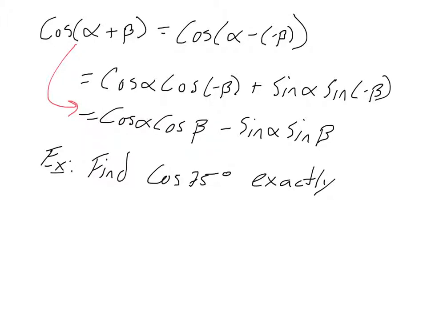Yeah, we can write it as cosine of what? What are special angles? Yeah, so we know 30, and what's one that if I add to 30 I get 75? 45. 30 and 45. So if I can make this a sum, or a difference for that matter, of special angles, then I can go ahead and use my identity.